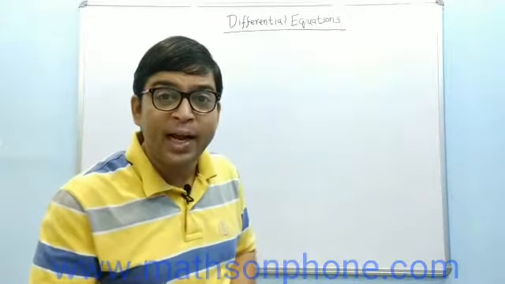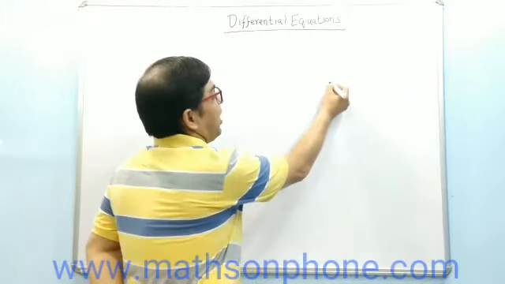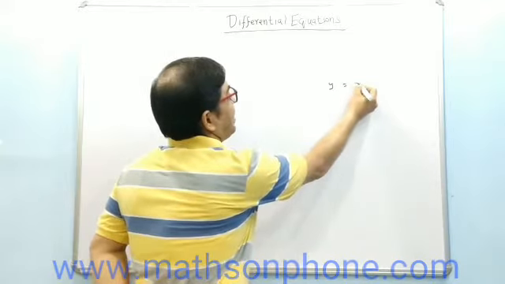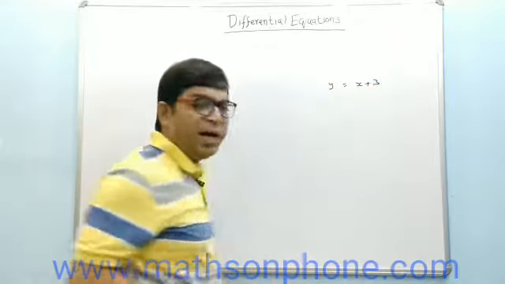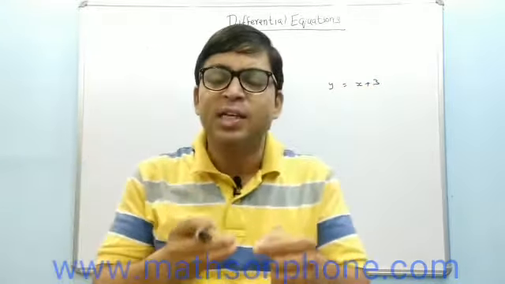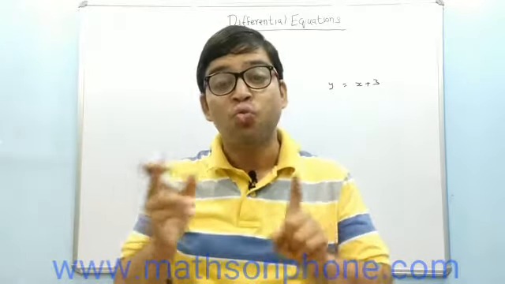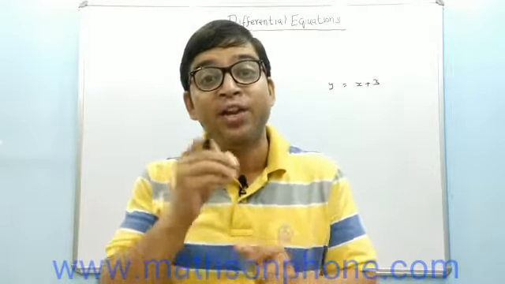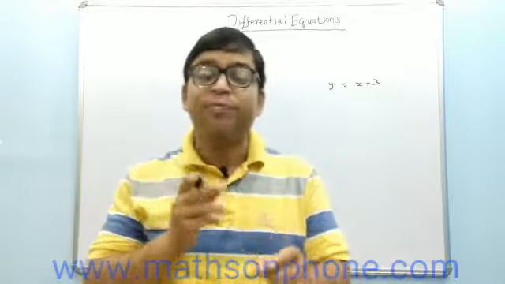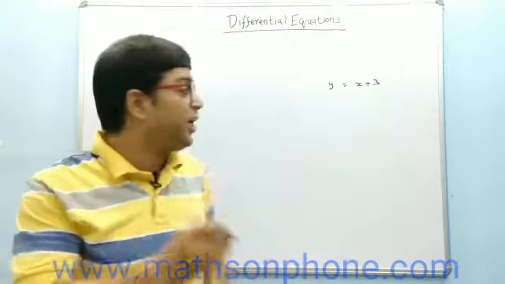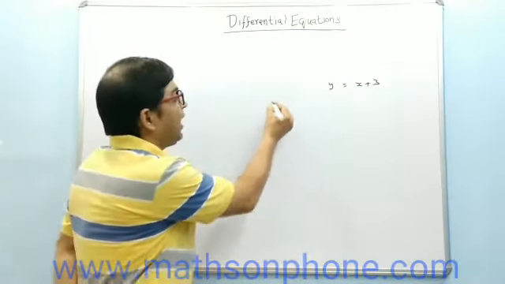What is dependent and independent? See, if I am just writing y is equal to x plus 3, here y is depending on x. So y is a dependent variable. So a differential equation is an equation involving x and y.